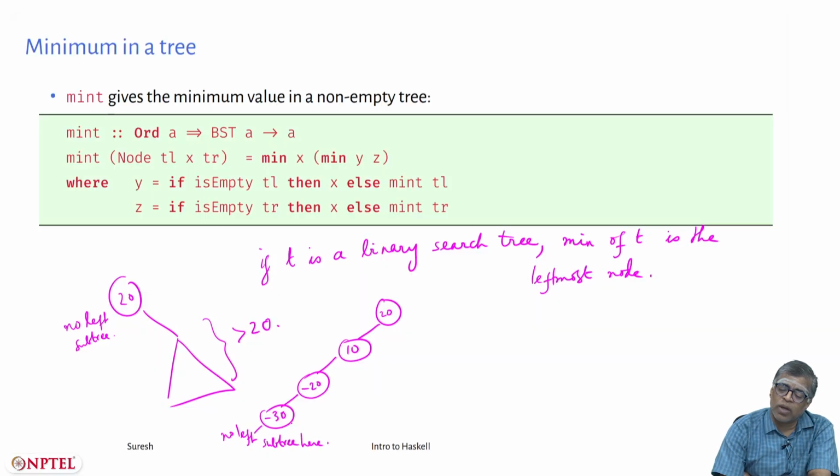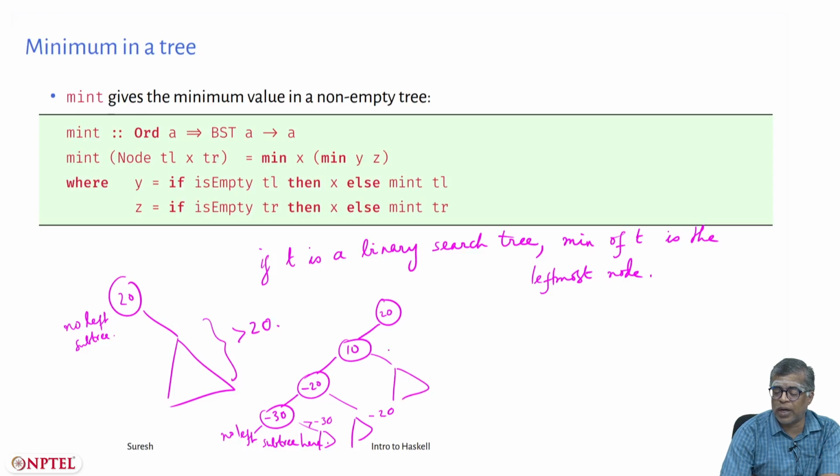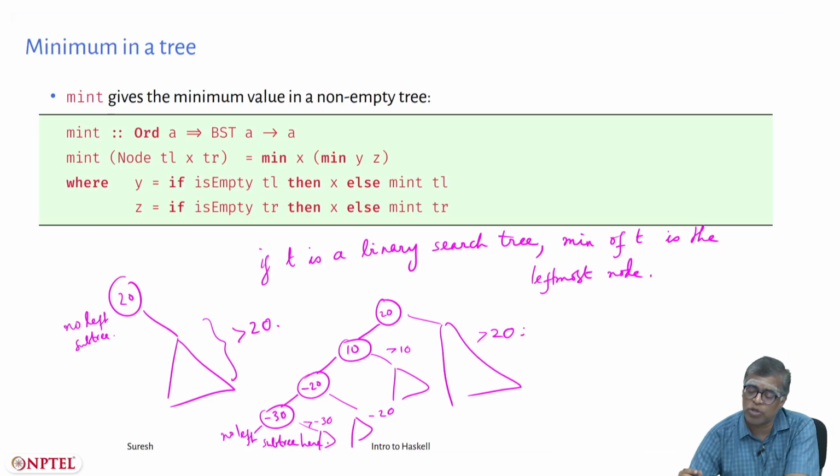Now what can you say? There might be a right subtree to this minus 30, but all those will be greater than minus 30. There will be a right subtree to this minus 20, all those will be greater than minus 20. There will be something to the right, all that will be greater than 10, all that will be greater than 20. So in any case, the leftmost leaf.